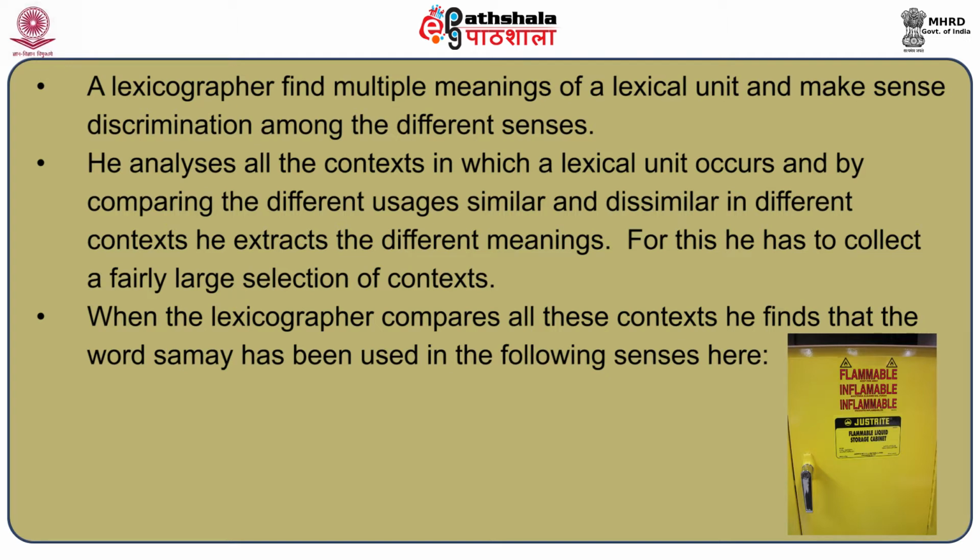The more frequently occurring meaning is taken as the basic meaning. The frequency of the word table in the meaning of a piece of furniture is the highest. Of all the uses, the meaning of an orderly arrangement of facts, as in census table, is far less in occurrence. So, frequency can be an important part in determining the meaning.